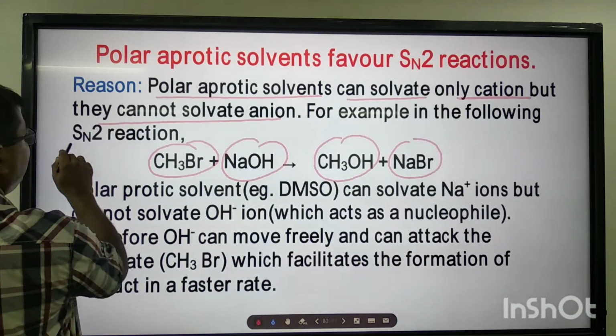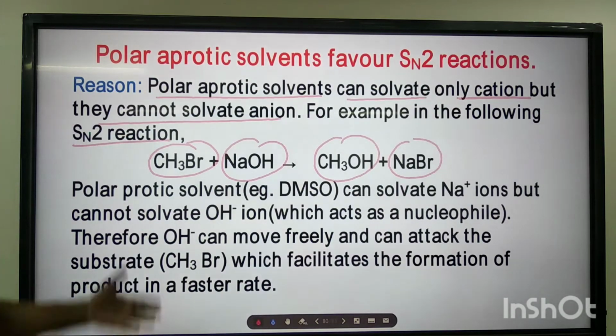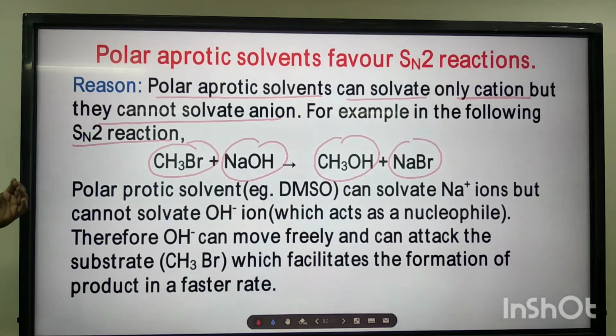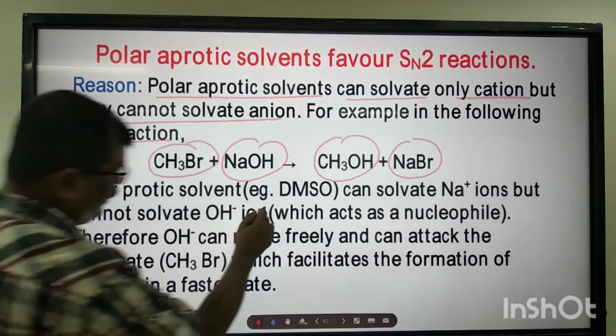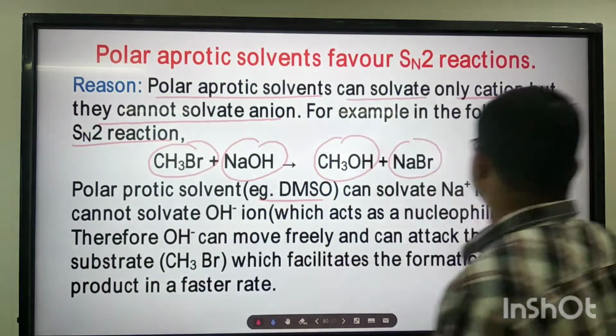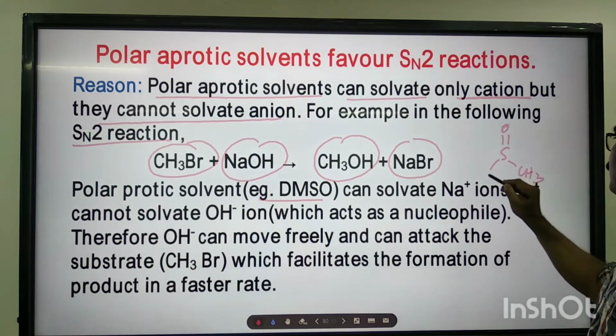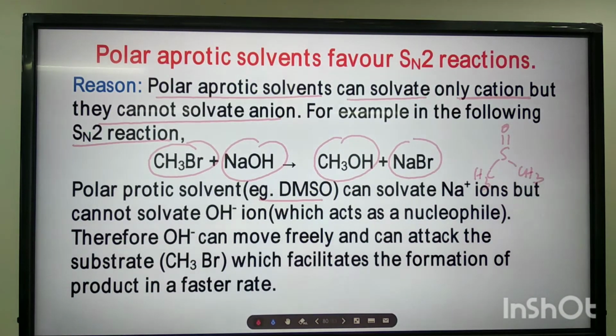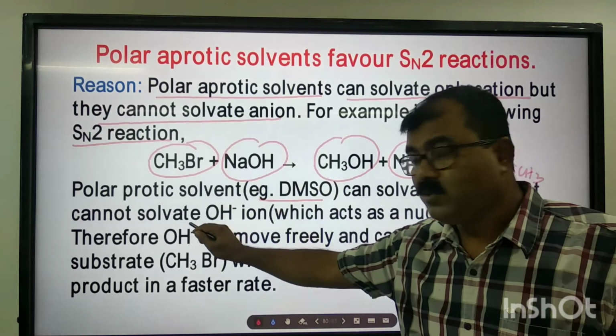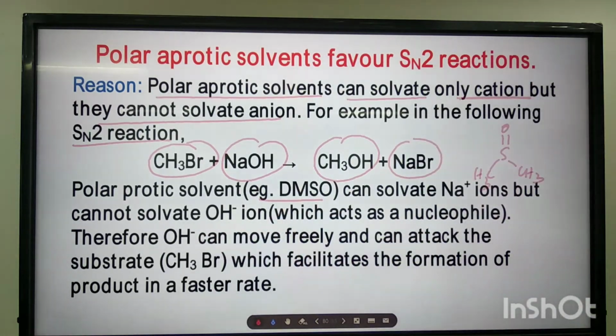This proceeds with the SN2 mechanism. Now, polar aprotic solvent, for example, DMSO, dimethyl sulfoxide. This can solvate Na plus ions, but not OH minus. It cannot solvate the OH minus ion.